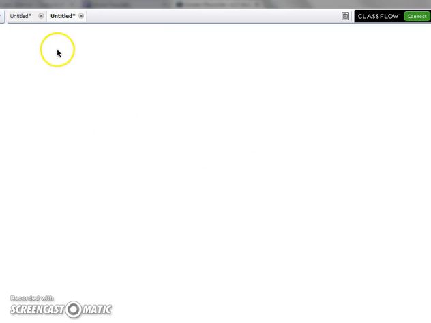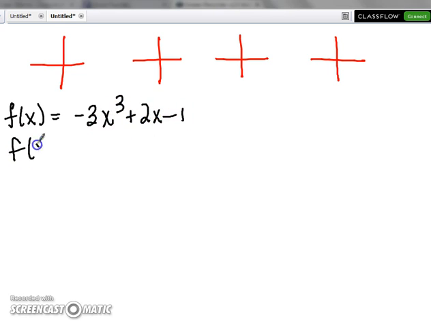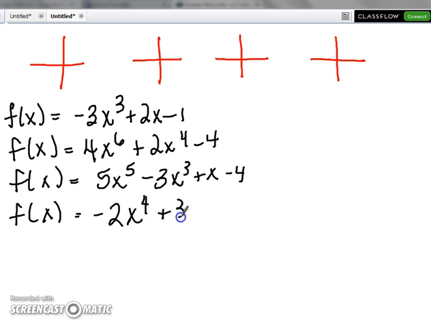So if I gave you some graphs and I said match the function with the graph, the only thing I'm interested in looking at every single time is the degree and the leading coefficient.